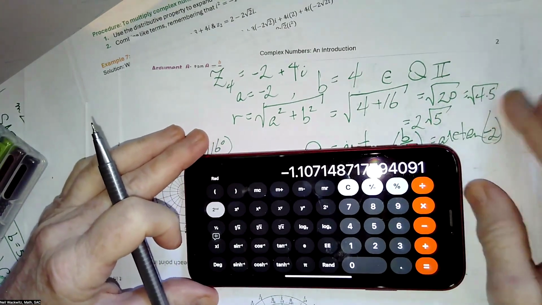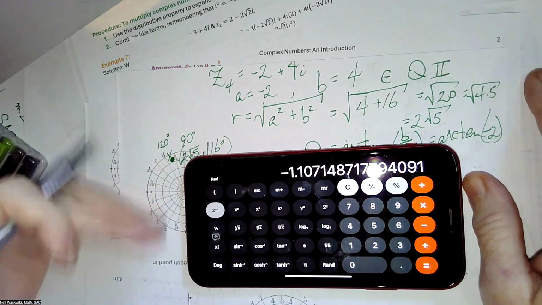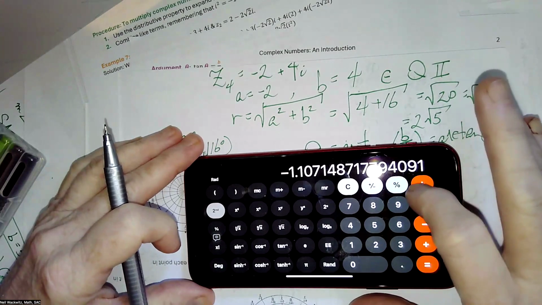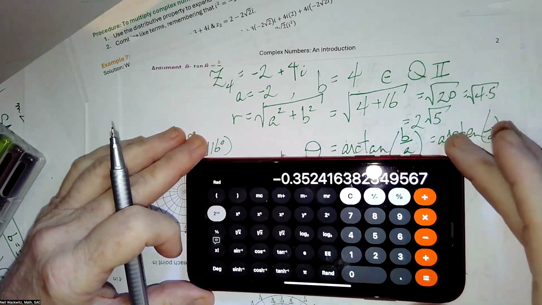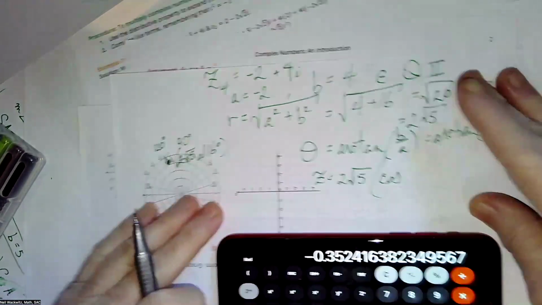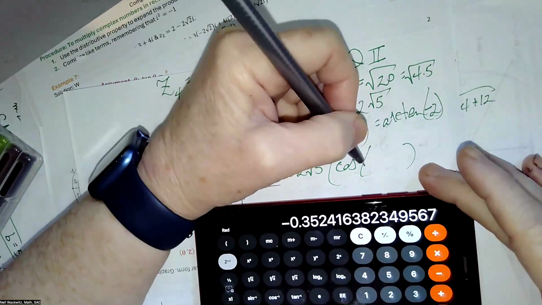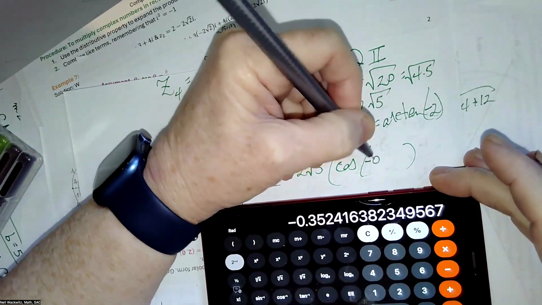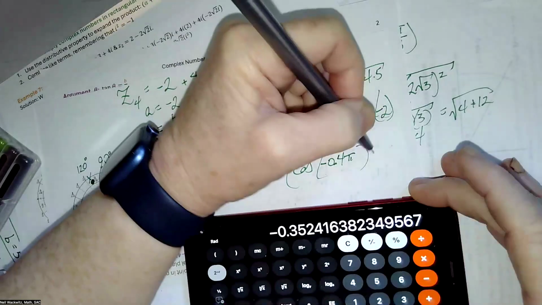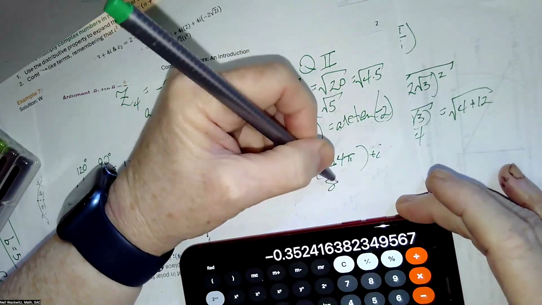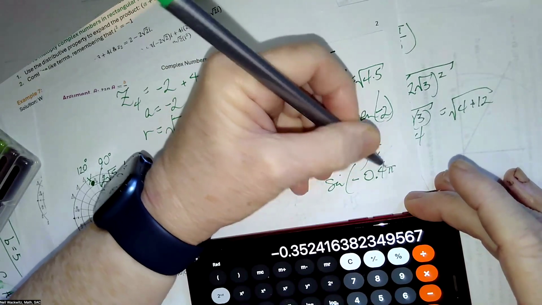I'd like to know how many pi's are in this, so I'm going to divide by pi. So the angle is -0.4 pi. So it's cosine of -0.4 pi plus i sine of -0.4 pi.